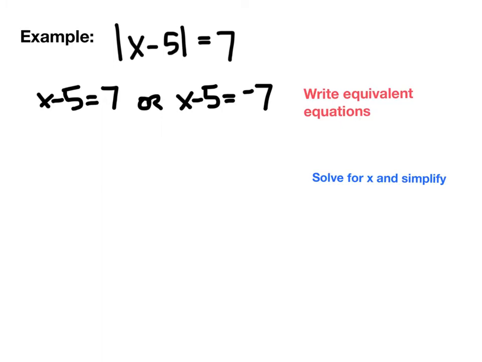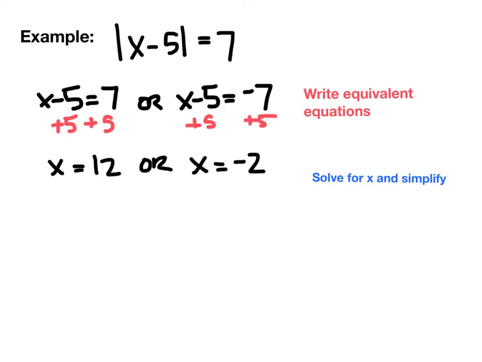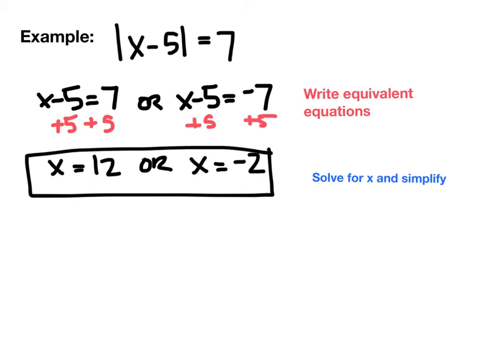So on the left here, if I add 5 to both sides, I get x is equal to +12, or adding 5 over here, x is equal to -2. So this absolute value equation has two solutions, 12 and -2.